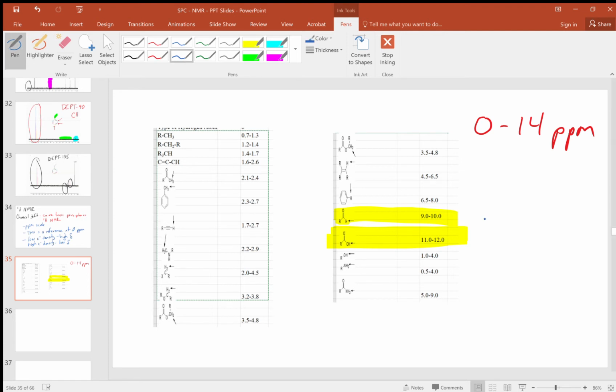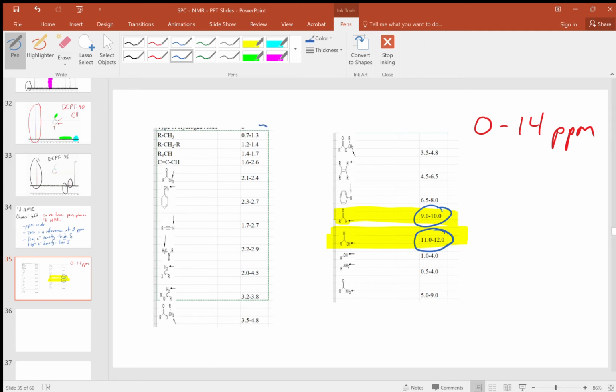So it's very nice. When you see a peak in this 9 to 10 range, 99% of the time it tells you have an aldehyde. And same thing with this 11 to 12 range. Anytime you see something above 10 ppm, you can be about 99% certain you've got a carboxylic acid. You can also see other examples of where peaks show up.